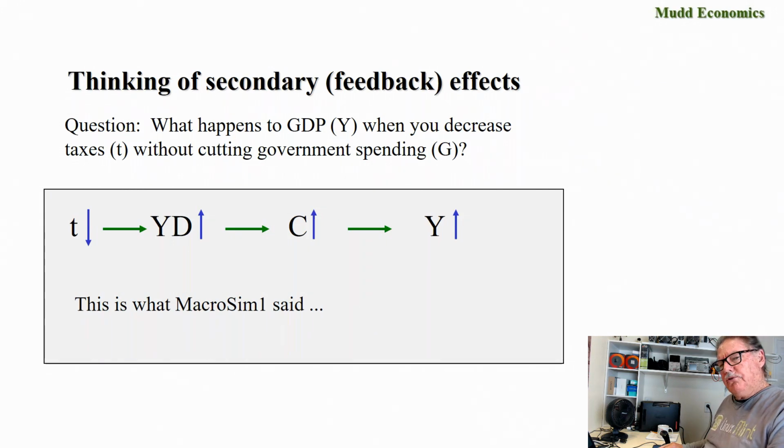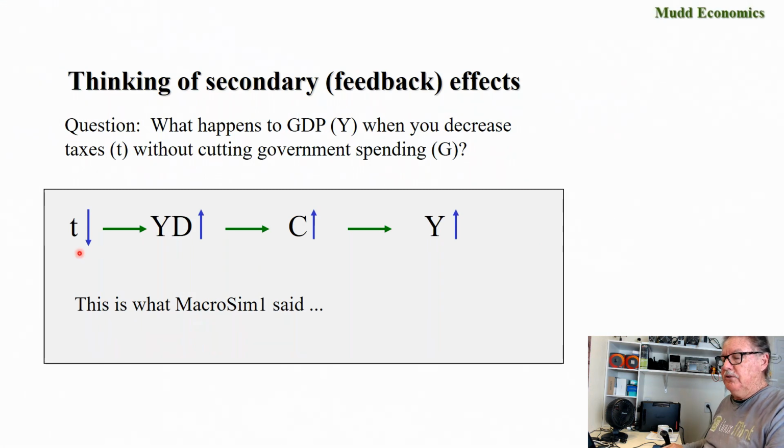Now, in Macrosim 1, remember, when we cut taxes, we really strongly stimulated the economy. It was more effective than increasing government spending, at least given the example that we used. And so the chain of effect here can be represented by these 4 variables.